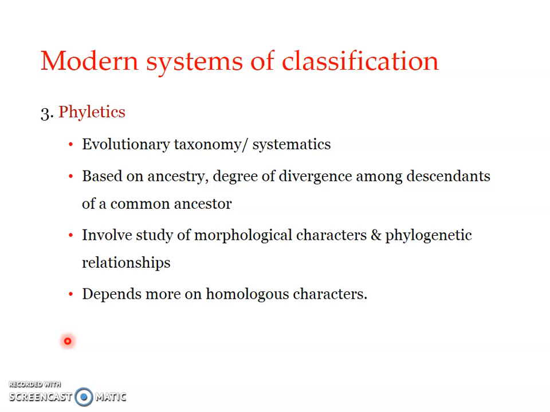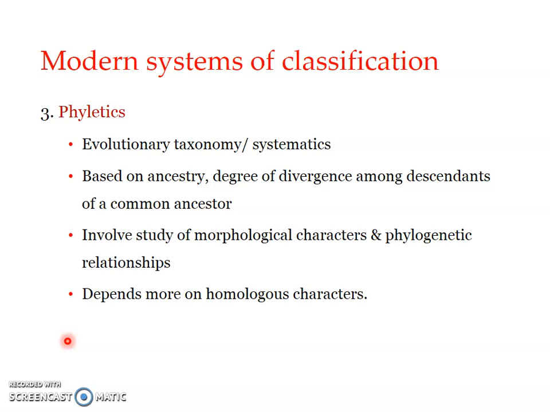But when we compare the characters, they are different in the sense that the structure of the wings of a butterfly is not the same as that of the vertebrates. Why is it so? Because they have different ancestors. Those are known as analogous characters.